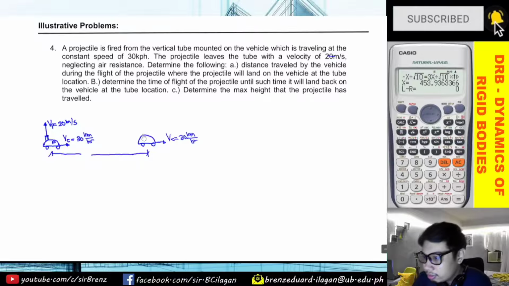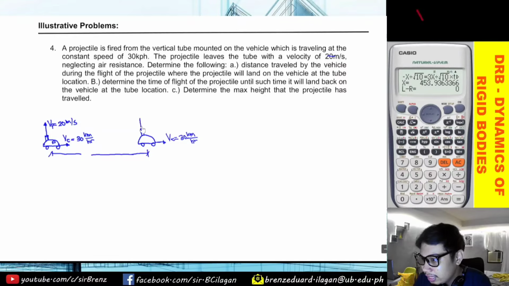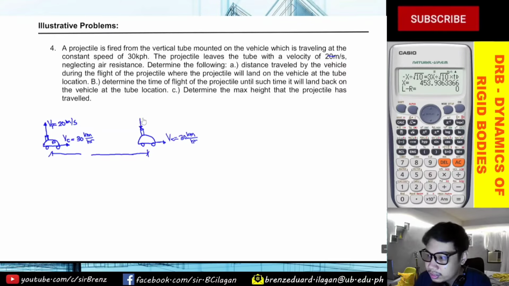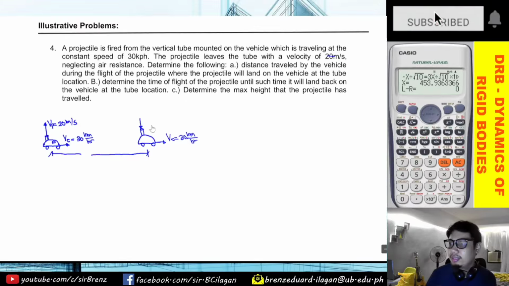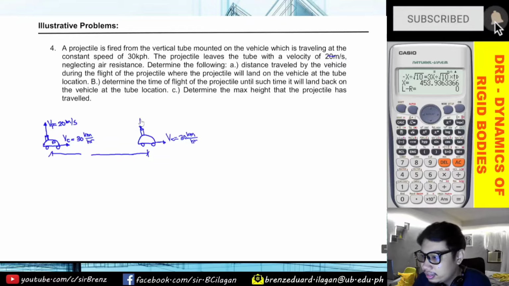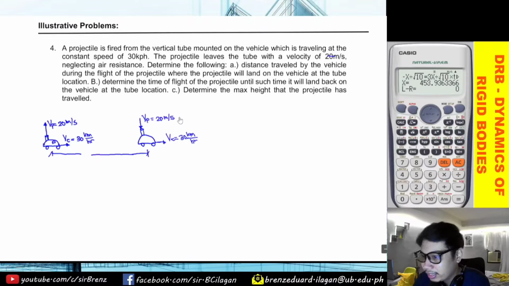So nung nandito siya sa point na to, at a certain distance, yung projectile is bumalik ulit doon sa tube niya. Doon ulit pumasok. Okay, so since same level na rin naman yan, so ang velocity ng projectile niya dito, pagbalik niya dito is the same lang din, 20 meter per second.